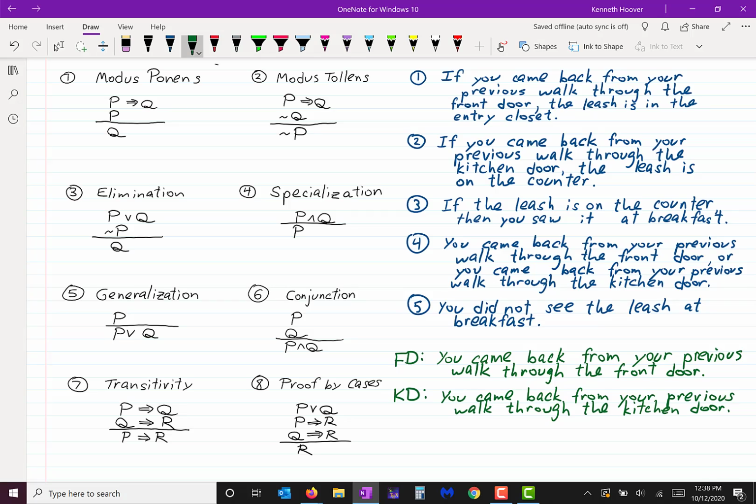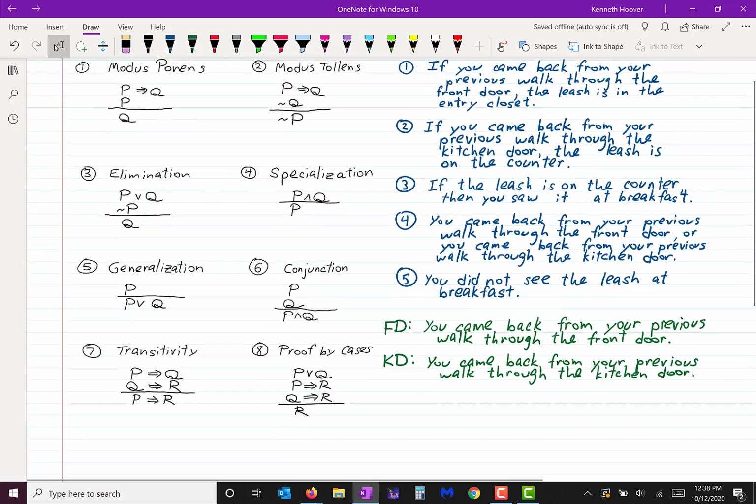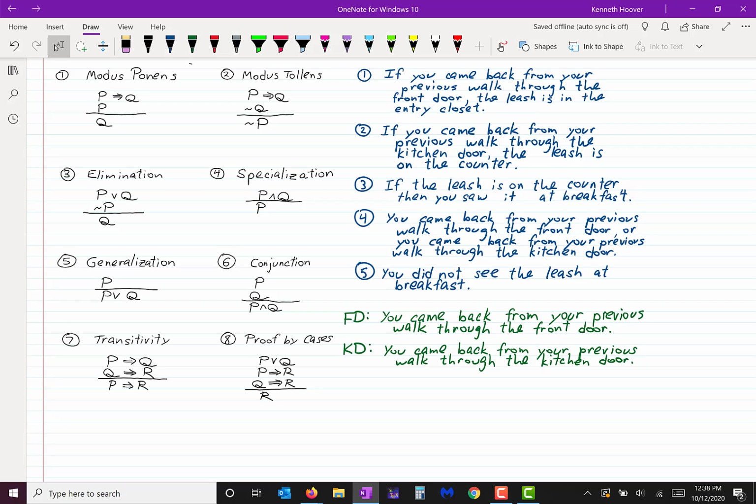Okay, what else do we have hidden inside those blue statements? There is the leash is in the entry closet. Oh, that's not how you spell it. Okay, let's call that statement EC. We have the statement the leash is on the counter.